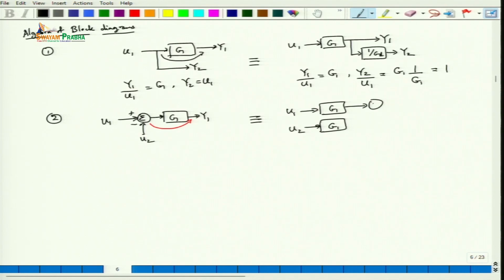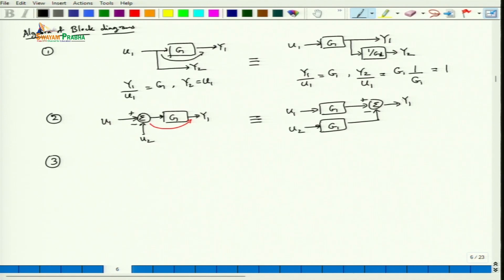Since we have moved the summation block here, based on this we can get y. If you do a similar exercise, you will see that you still get the same relationships in both the cases.